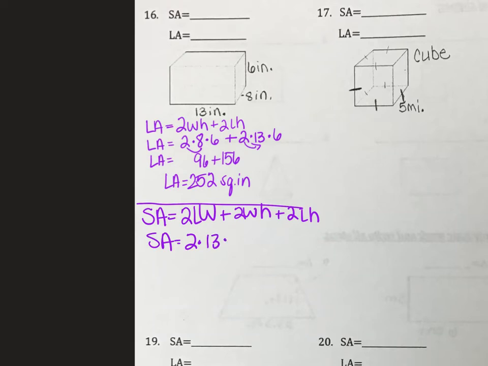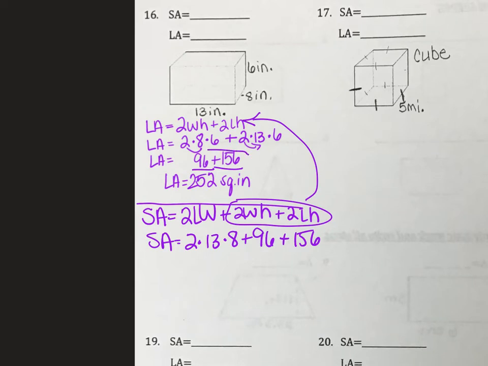What's your width? 8 plus 96 plus 156. Because this is the same as this, you can just pull down these measurements that you found, when you multiply those and those. Or you can continue doing the other way if it confuses you.